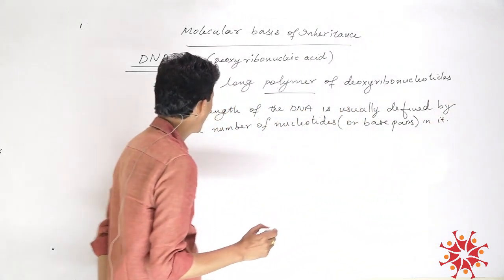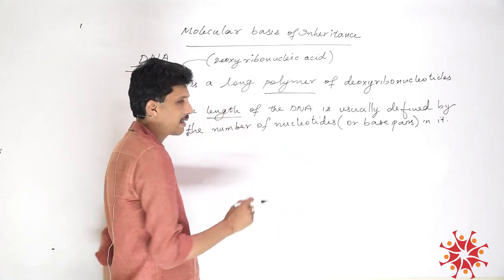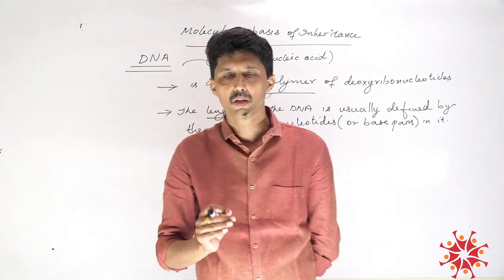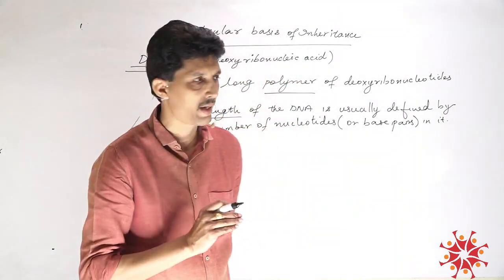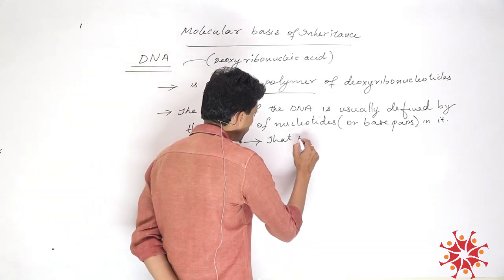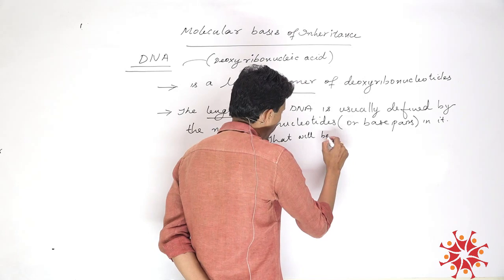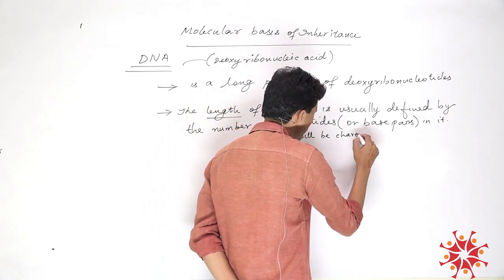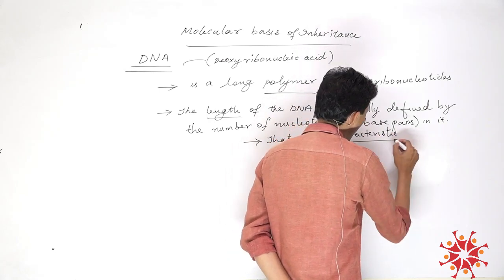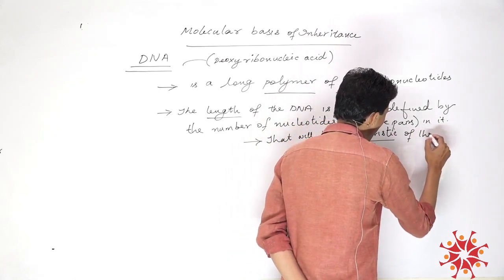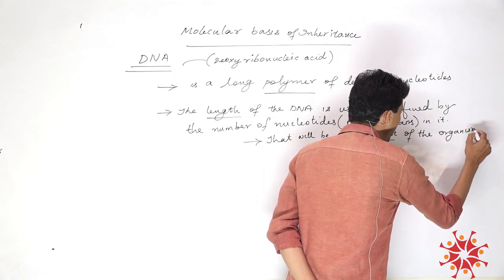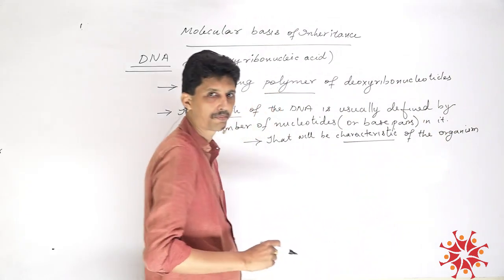So the length of the DNA you are actually defining with the number of the nucleotides or the base pairs present in it, and that will be the characteristic of the organism. So that organism's number of base pairs will be its characteristic, right?